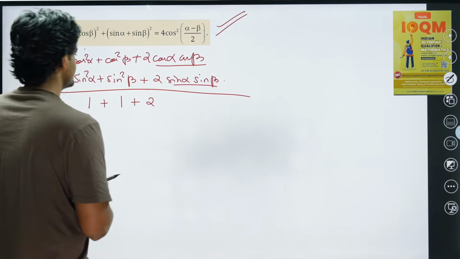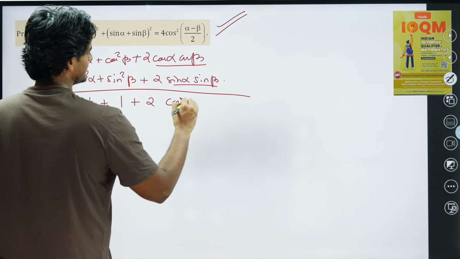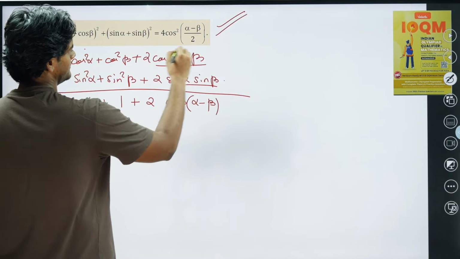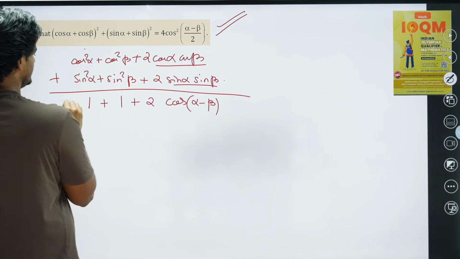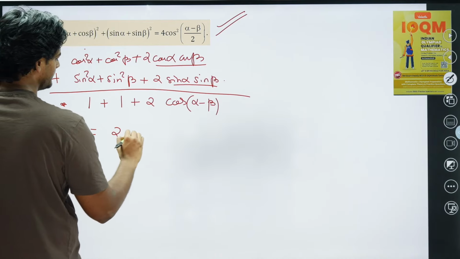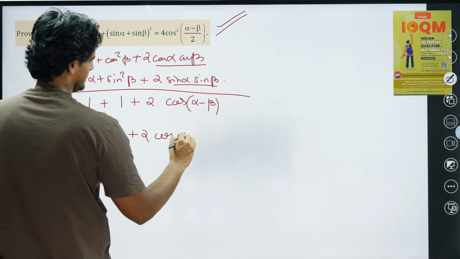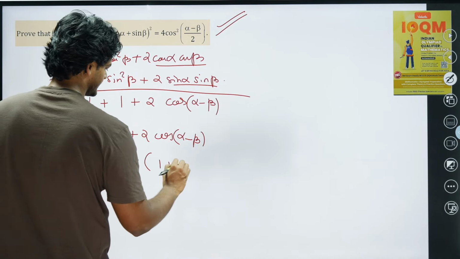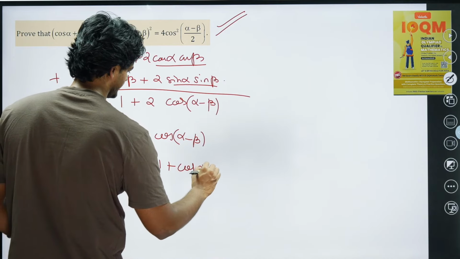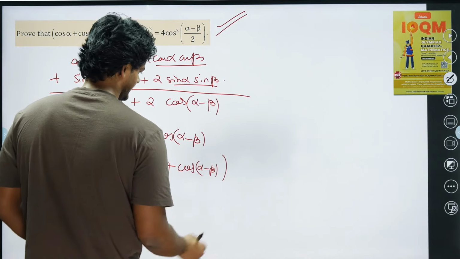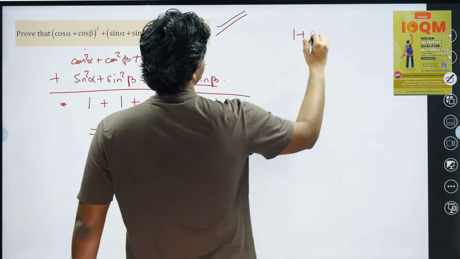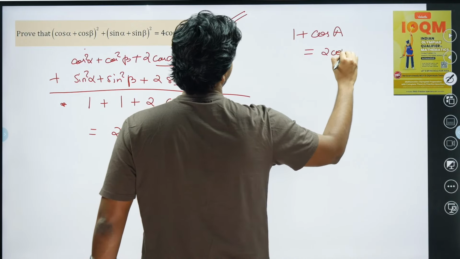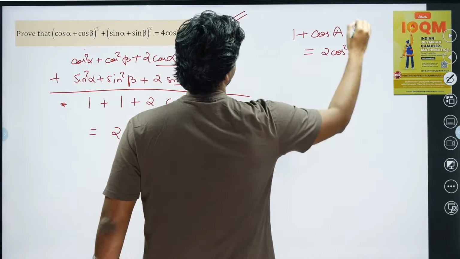Yeah. So this will be cos alpha minus beta, if you notice, right? If you are adding these two, this is the sum. So we get 2 plus 2 cos alpha minus beta, 2 times 1 plus cos alpha minus beta. 1 plus cos A is 2 cos square A by 2.